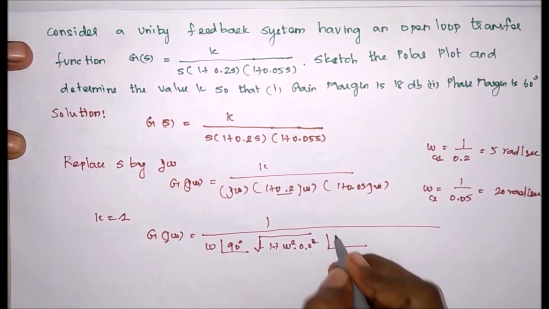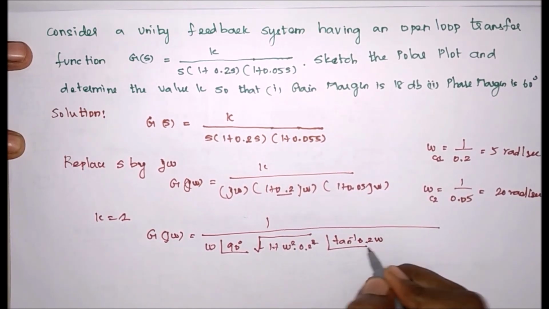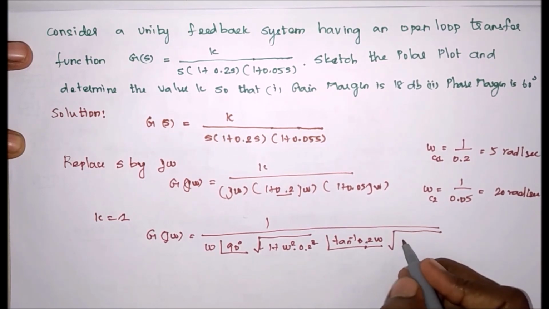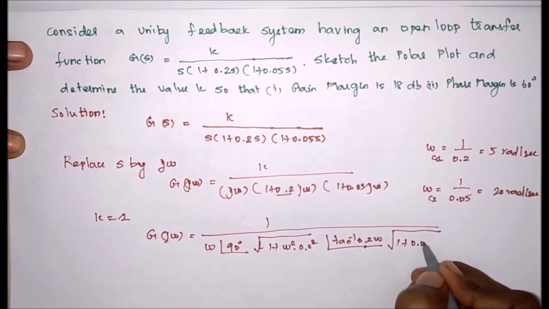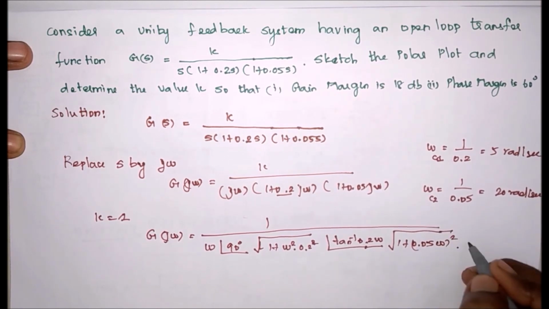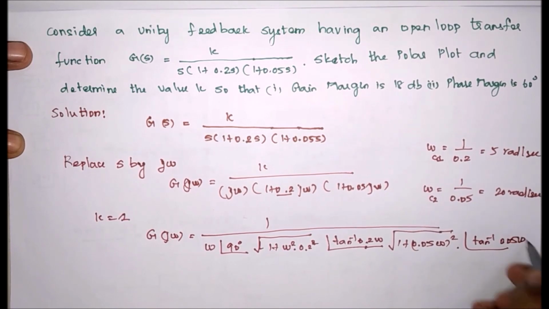Then angle equal to tan inverse of imaginary part 0.2 omega divided by real part 1. Then third term magnitude equal to square root of 1 square plus (0.05 omega) the whole square. Angle equal to tan inverse of 0.05 omega.